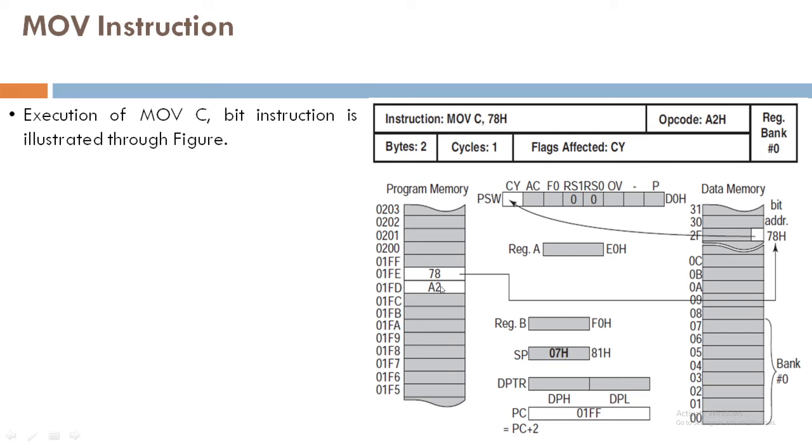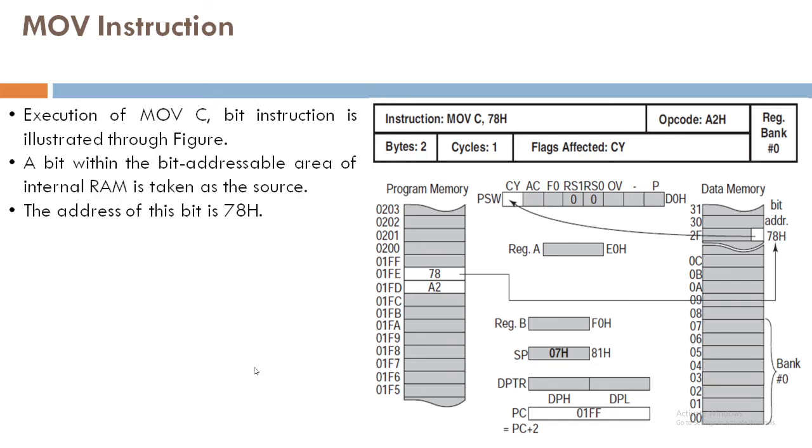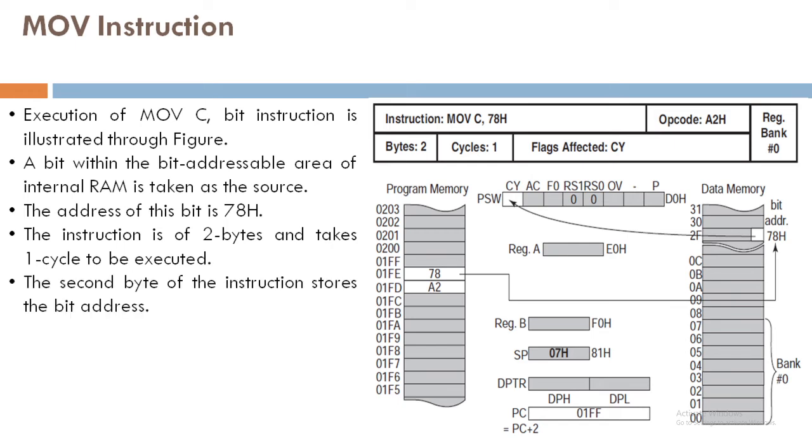So whenever this particular instruction gets executed, the content across this particular bit address 78 hex, whether it is 0 or 1, that will be sent to CY. So the address of this bit is 78 hex, and the instruction is 2 byte, but it is taking only 1 cycle to execute, and the second byte of the instruction stores the bit address. So in this case, no other flag except the carry flag is affected.